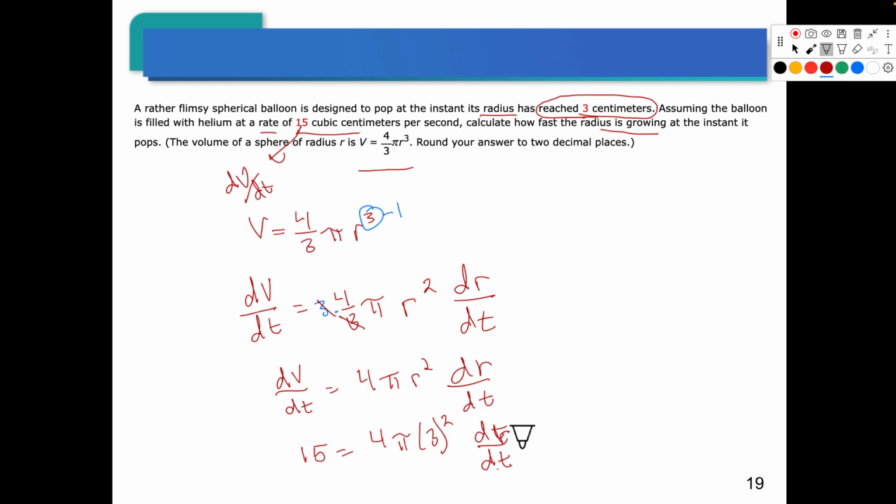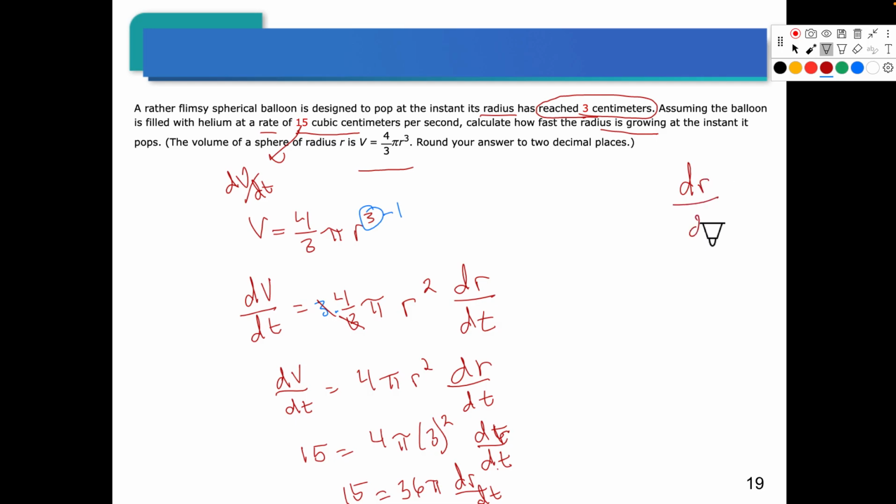So we've got all numbers. 3 squared is 9. 9 times 4 is 36. 36 pi equals 15 dr/dt. So we'll put this up here.